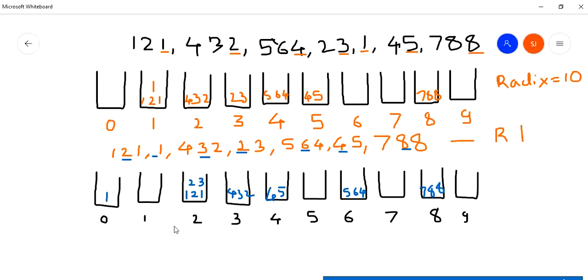After that you want to write the numbers again from left to right. Initially 1, then 121.